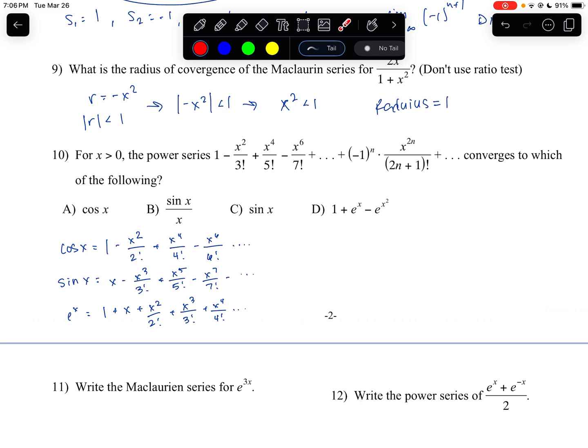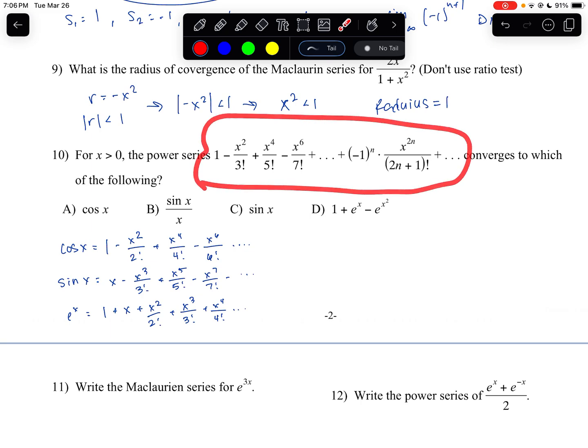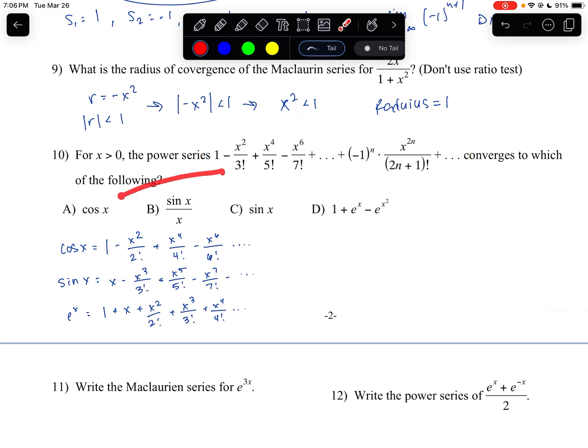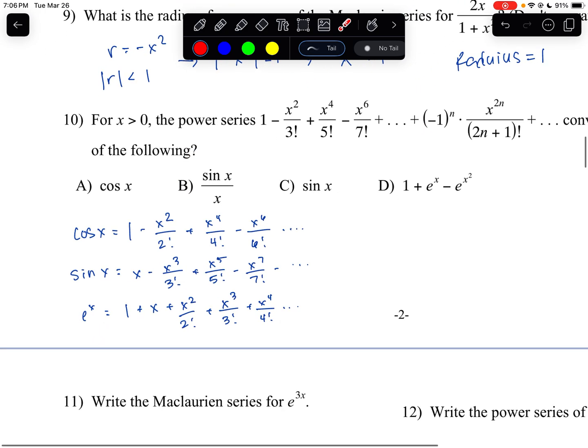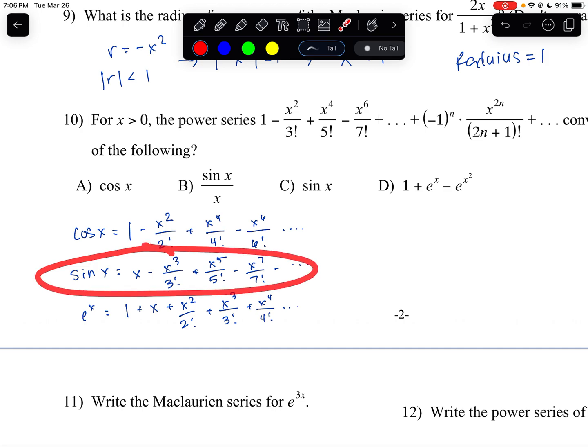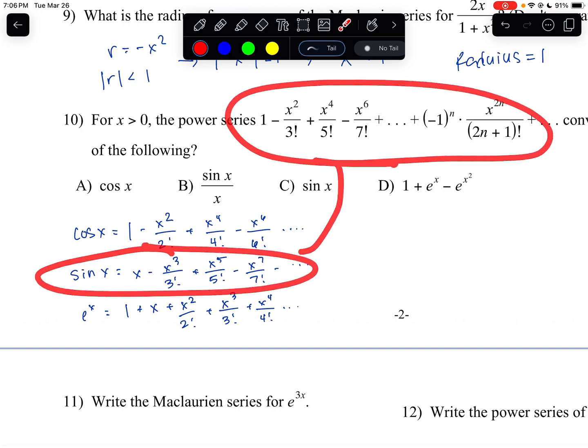So here's the power series. Obviously, this is not cosine. This is not sine either. But this one looks easier to check. If I look at sine of x and compare it to here, what's the difference? This starts with 1, this starts with x, but if I divide every term by x, I get 1.